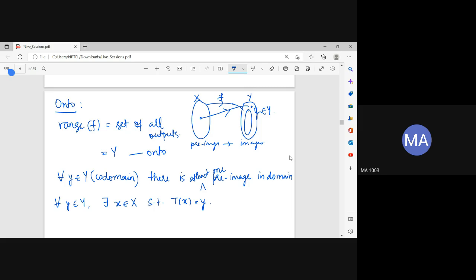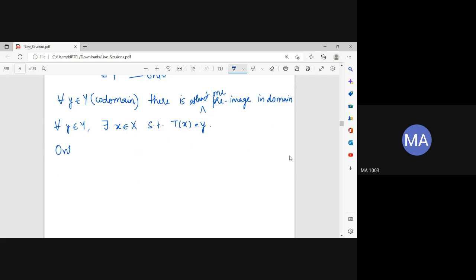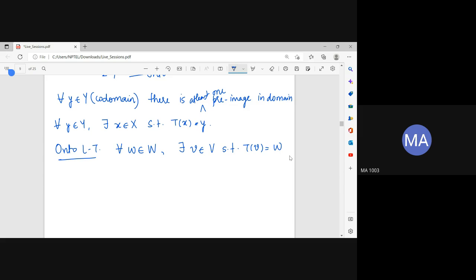So is this statement clear? That's exactly what an onto linear transformation is also going to look like. For every w in W, the codomain, there exists a v in V such that T of v is equal to w. Agreed?